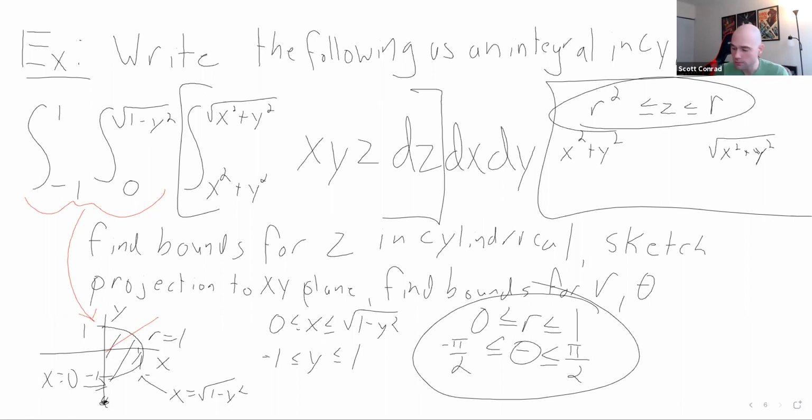Okay, so let's write down our integral. We have x, y, z is the integrand. So we need to change that to cylindrical. X becomes r cos theta. Y becomes r sine theta.